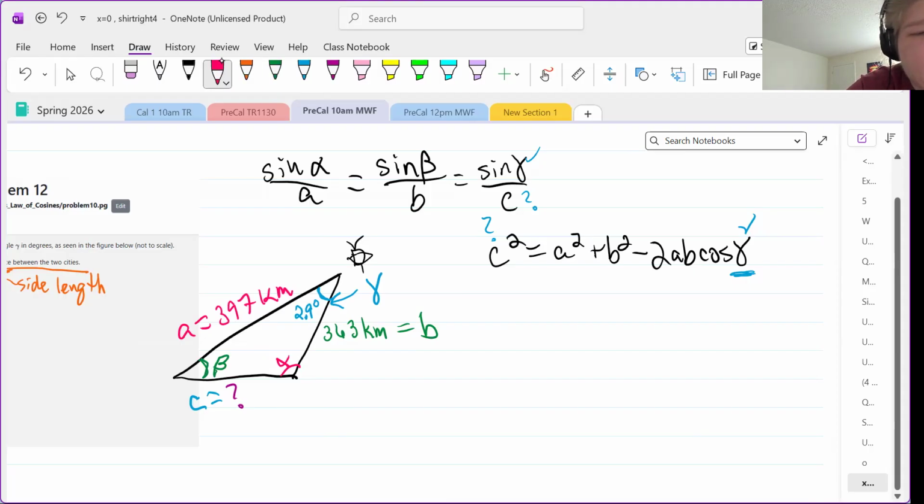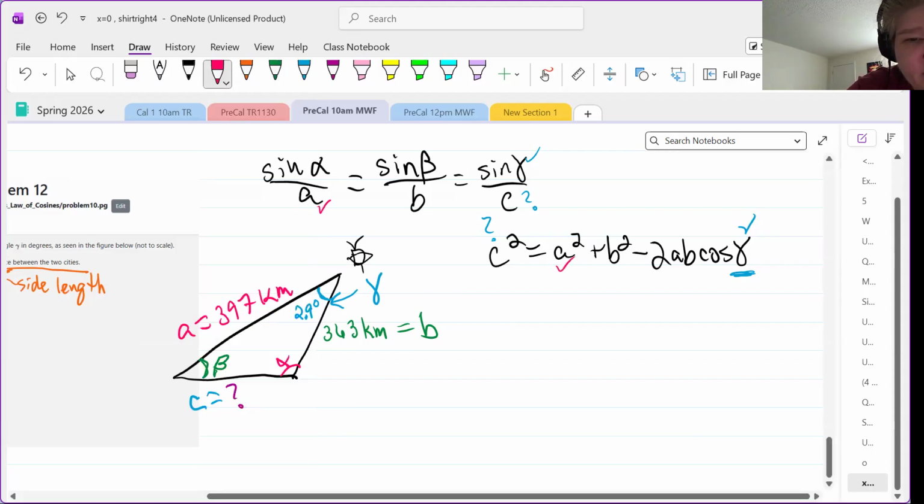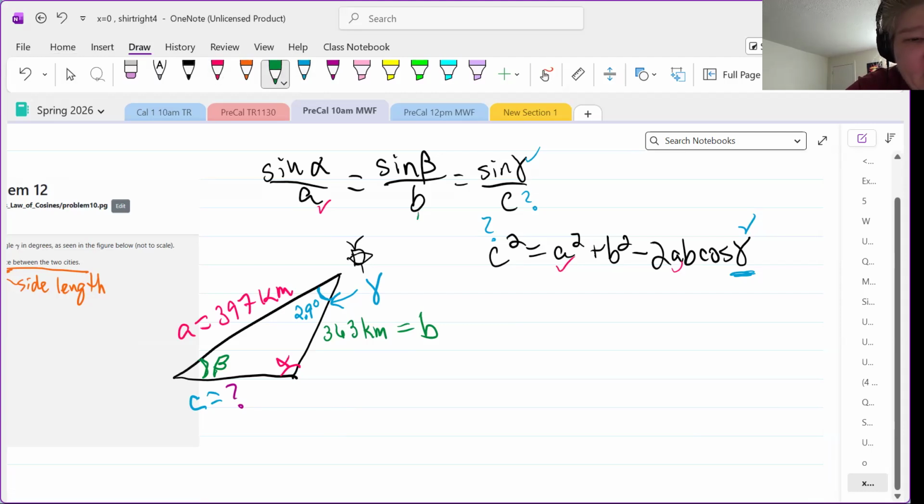So when I'm looking at what do I know: side A, I don't know alpha. I know side B, but I don't know beta. So when I look at my law of sines, I know three things, but it's a single thing in each fraction.